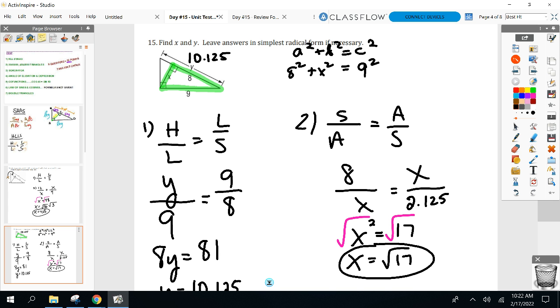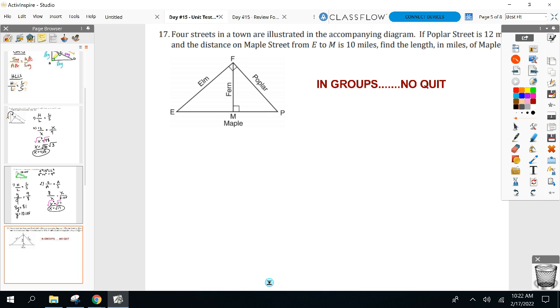Everybody good here? We all good? Okay. You're going to do a tough one right now, but it's going to be in your group. We're not giving up on this one. It's going to be a little tough. Maybe you don't have enough information that you'd like, but you can find it though. Go ahead. Number 17. No quit on this one.